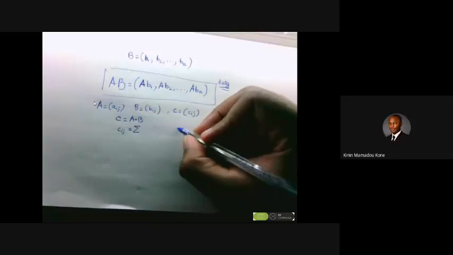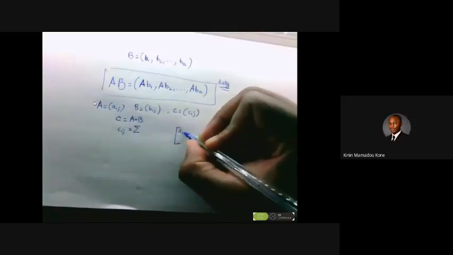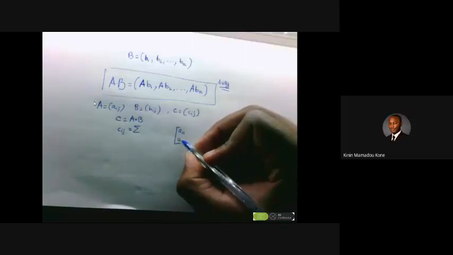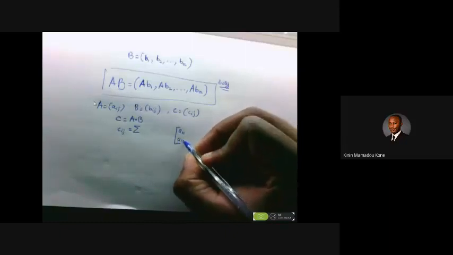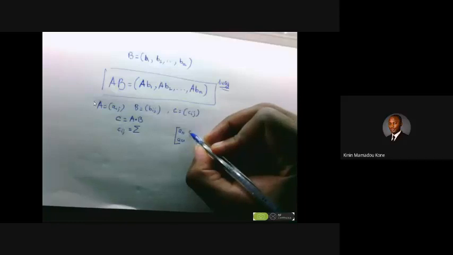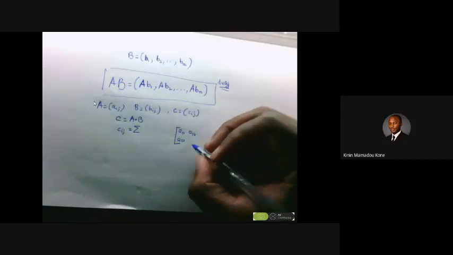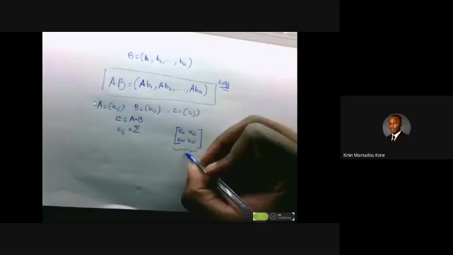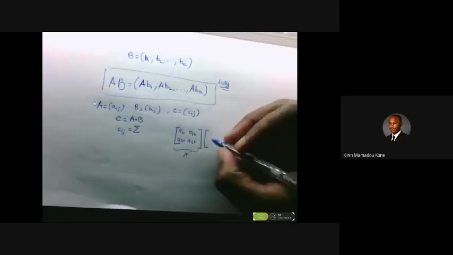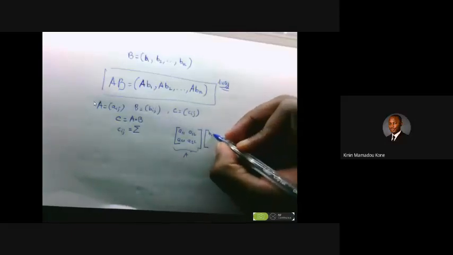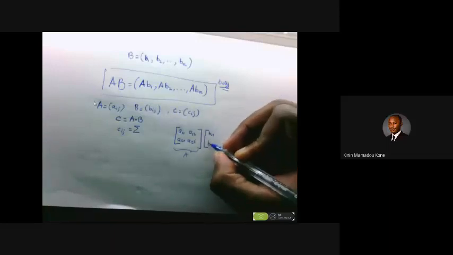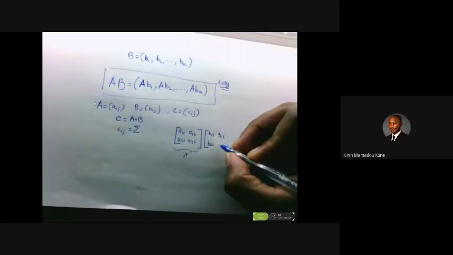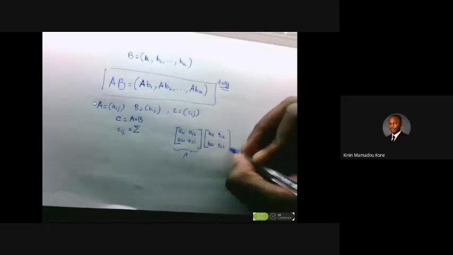Let's say I have my matrix A with entries A11, A21, A12, and A22. This is my matrix A. My matrix B is the following: B11, B21, B12, and B22.